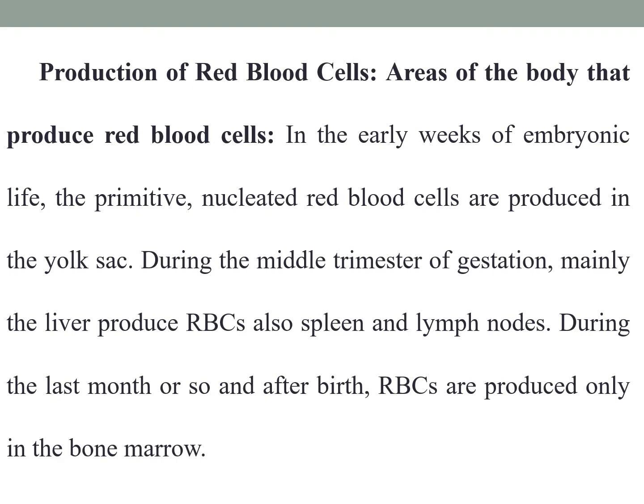In the early weeks of the embryonic life, the yolk sac will produce the primitive enucleated red blood cells, while during the middle trimester of the gestation, meaning the second three months of the fetus's life, mainly the liver will produce RBC in addition to the spleen and the lymph nodes, while in the last month of the gestation and also after the birth, the red blood cells will be produced only in the bone marrow.